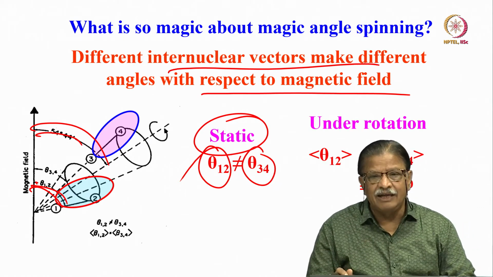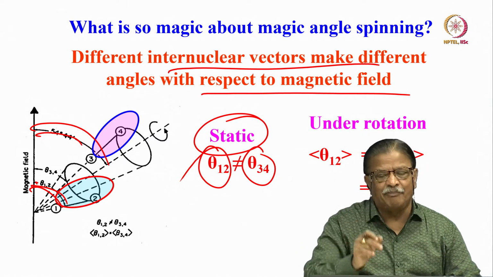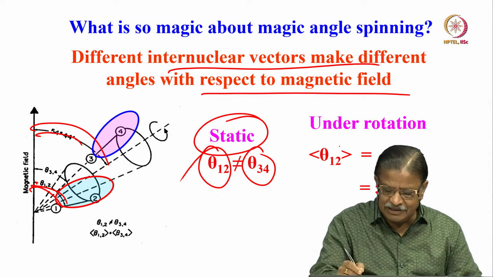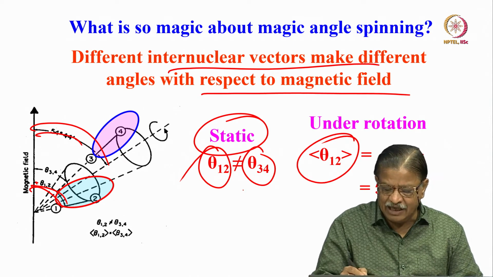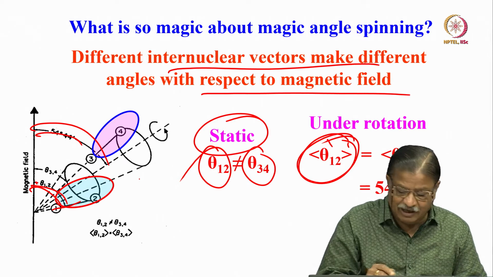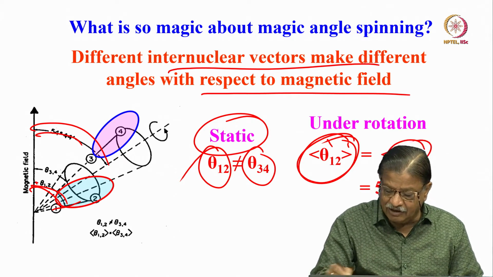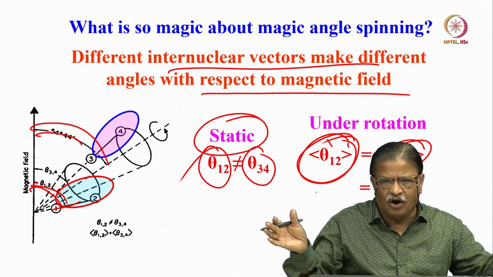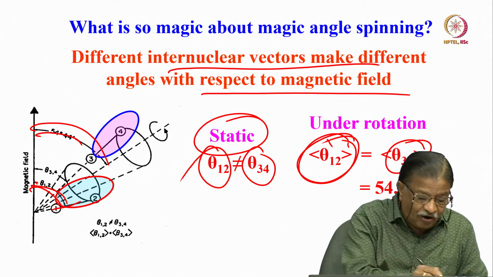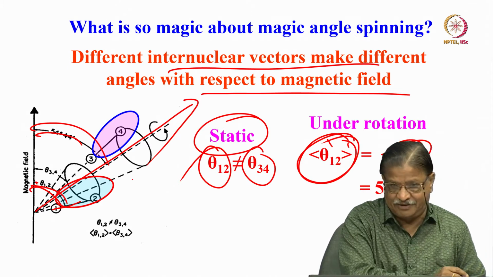But on the other hand, when I start rotating the sample, the time average, the ensemble average is such that the average orientation, for any internuclear vector, theta 1, 2 or theta 3, 4, anything you consider, all internuclear vectors appear as if they are all aligned along the direction of the spinning axis.